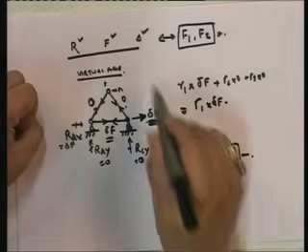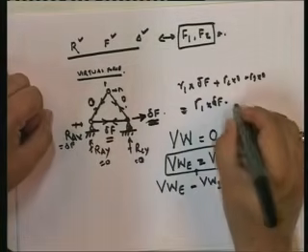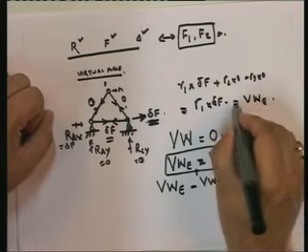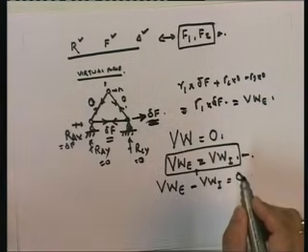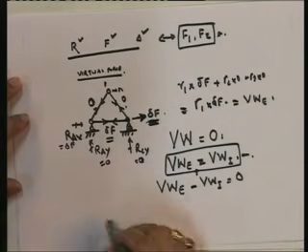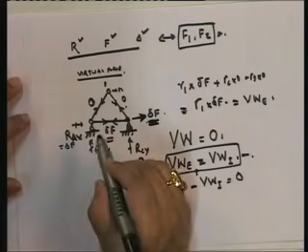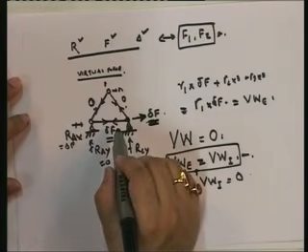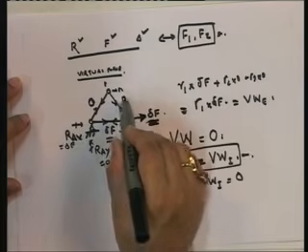So what is the external virtual work in this particular case? You will see that this is the external virtual work. And what is the internal virtual work? The internal virtual work is the work done by each deformation multiplied by the forces it is subjected to.